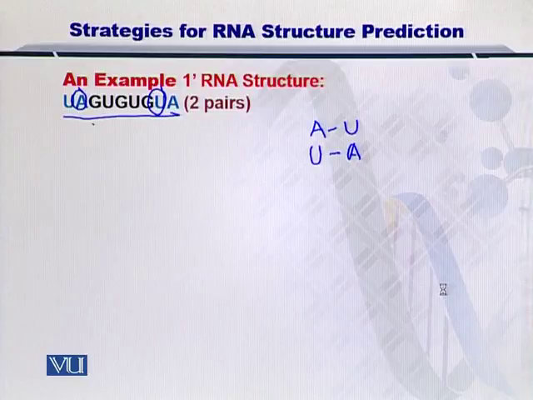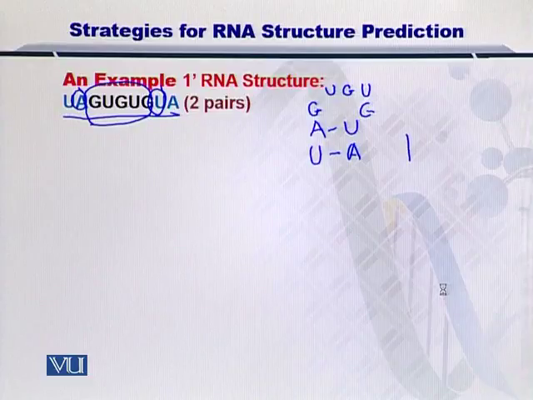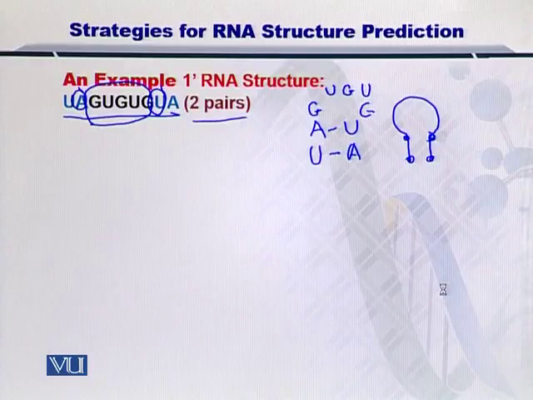And the sequence that is there in the middle will take form of a loop. As you can see, this is essentially a hairpin loop, right? And at the stem of the hairpin, we have 2 pairs as indicated here.